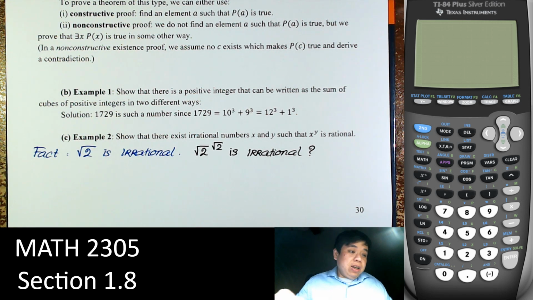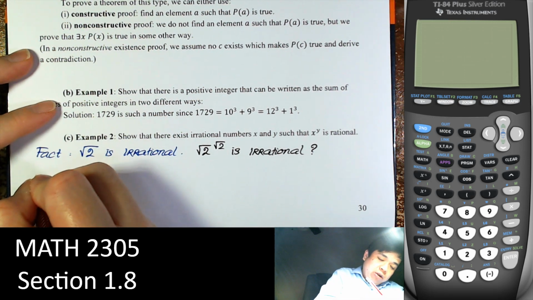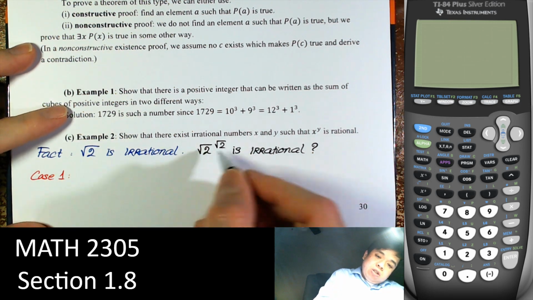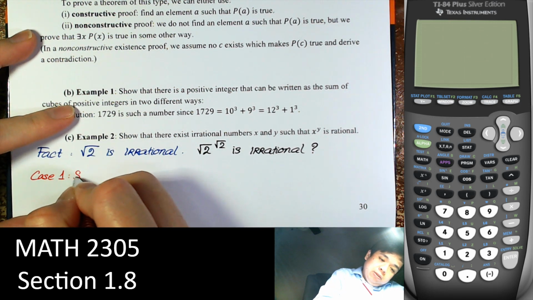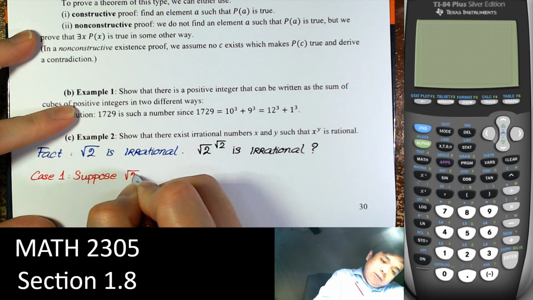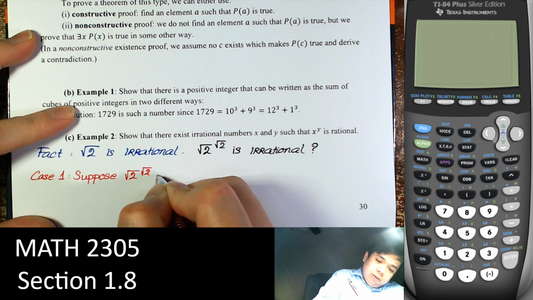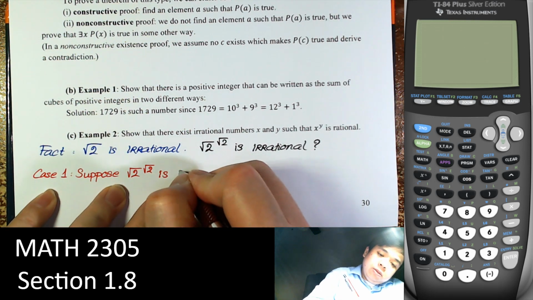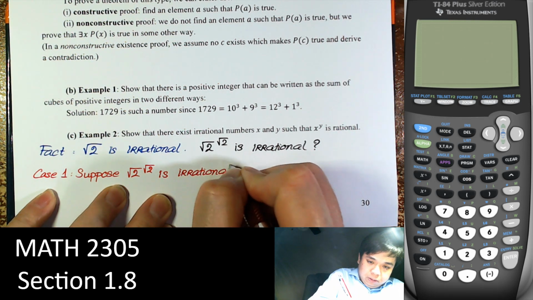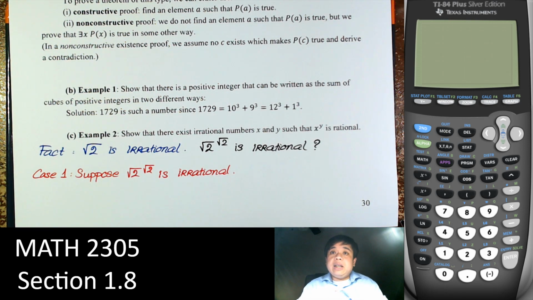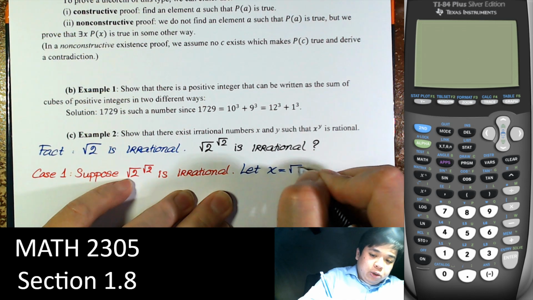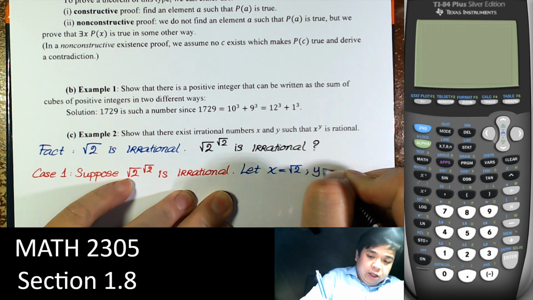Now in that case we'll consider two scenarios. Case number 1, suppose this is an irrational number. In that case, let x be square root of 2 and y be square root of 2.